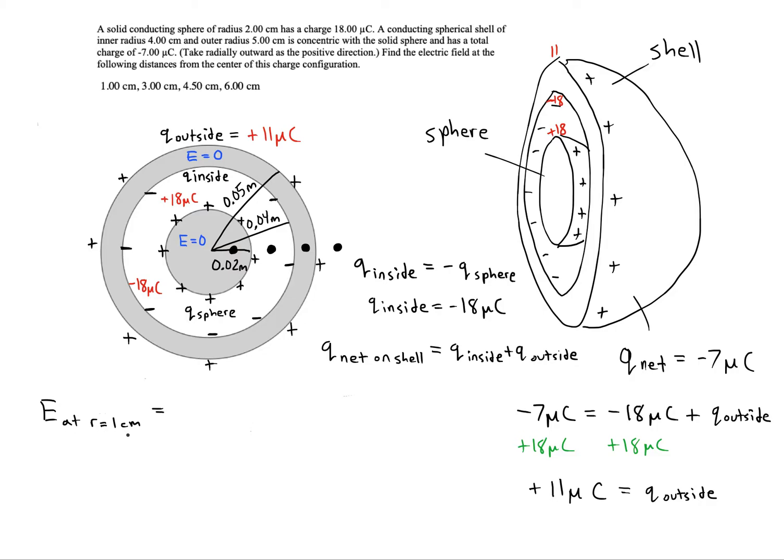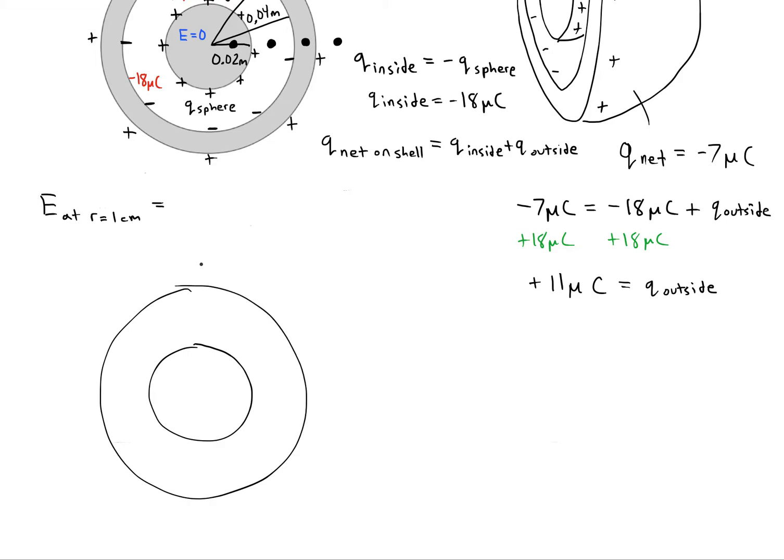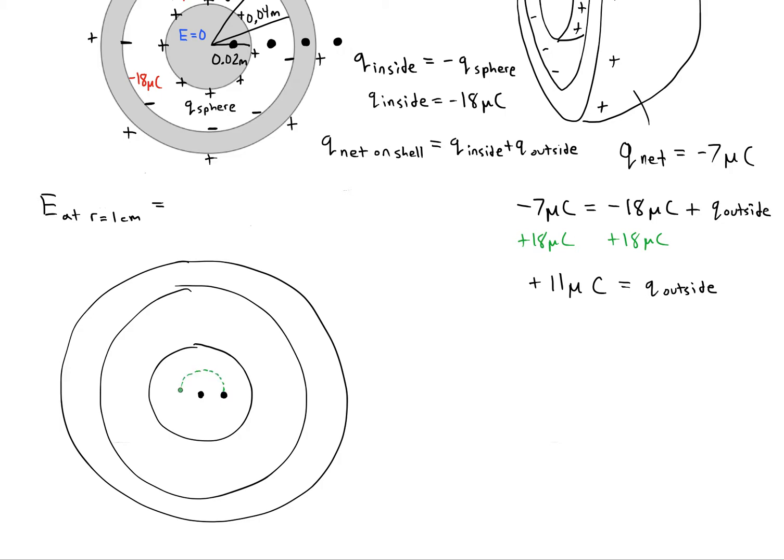So the electric field at R equals 1 centimeter is easy to answer. It's inside the sphere's metal. Its net charge will migrate to the outside. What we could do is create a Gaussian sphere of radius 1 and show that the net charge inside is 0.